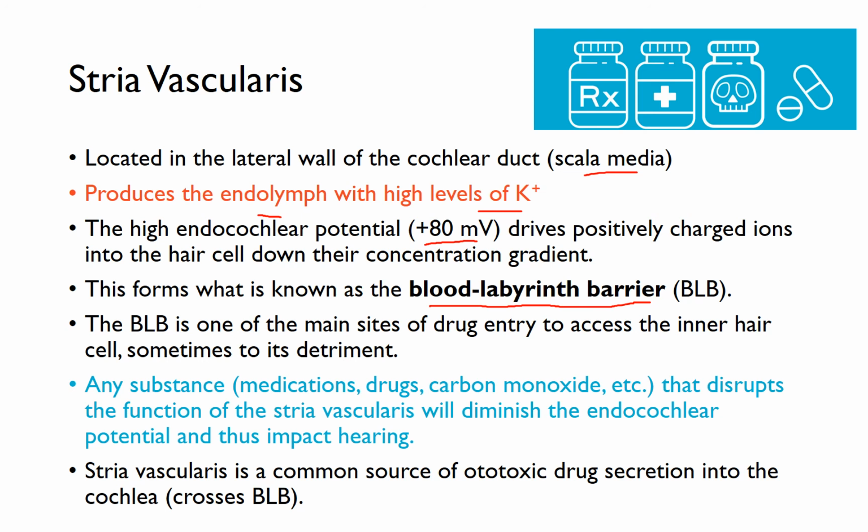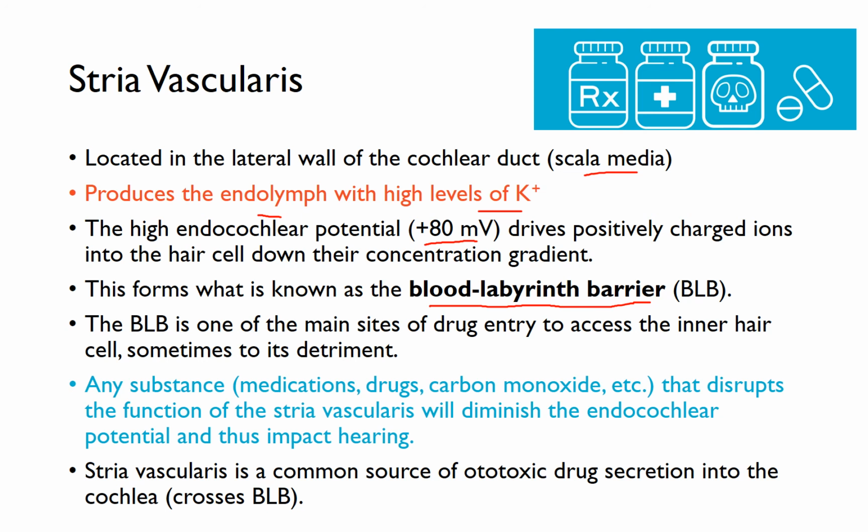The BLB is one of the main sites of drug entry in order to access the inner hair cell. And this can be used for purposes needed to treat some sort of condition pharmacologically, but it can also induce some side effects.